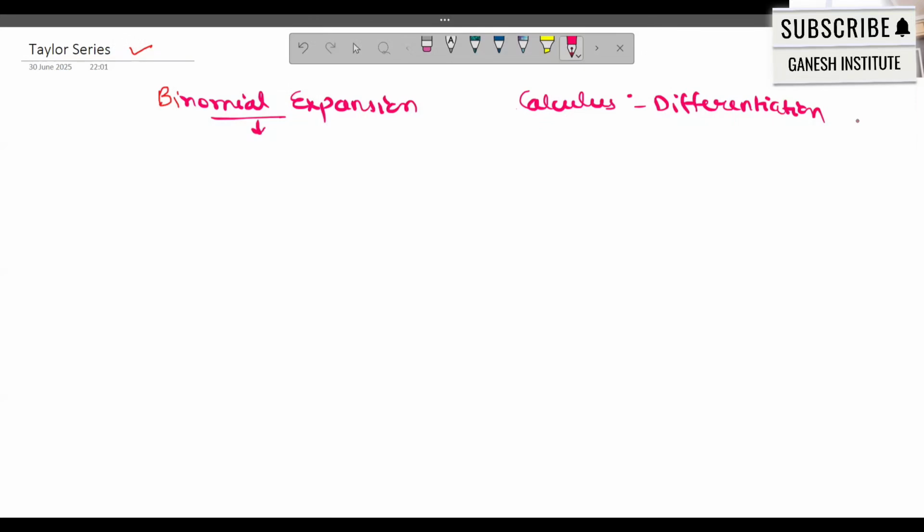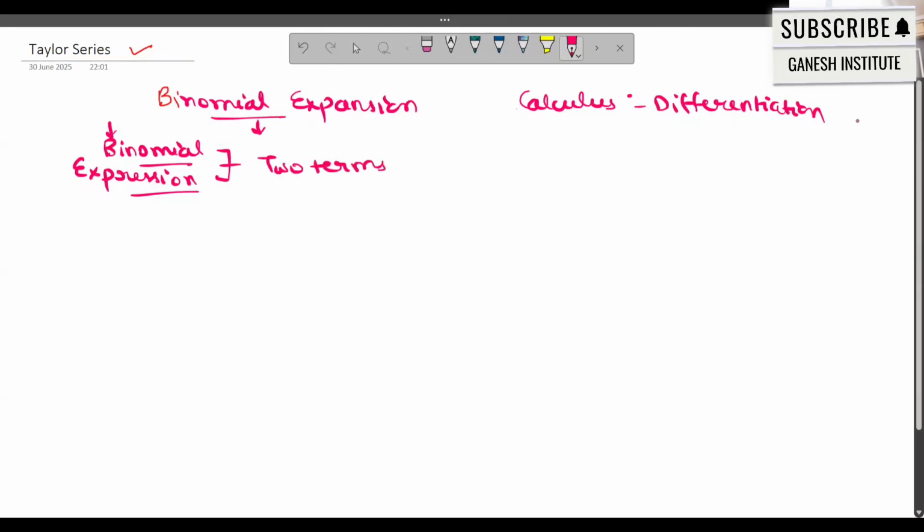If I ask you what is an expression, what is an equation, and an expression. I asked you before as well, right? What is a binomial expression? Bi means two, so the expression having two terms.